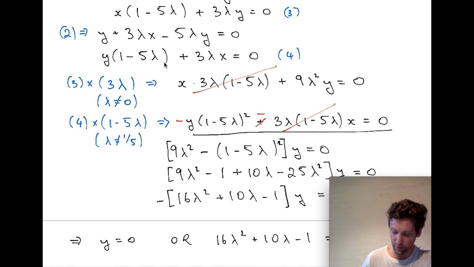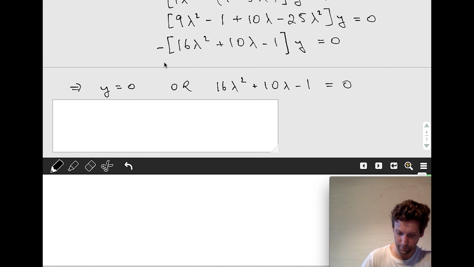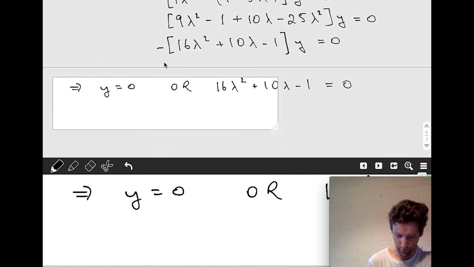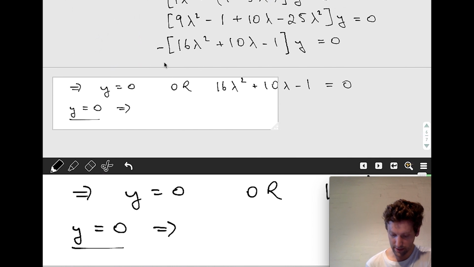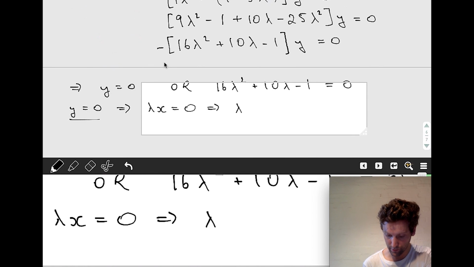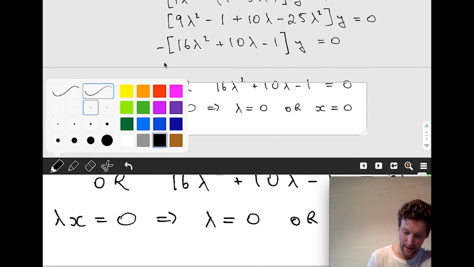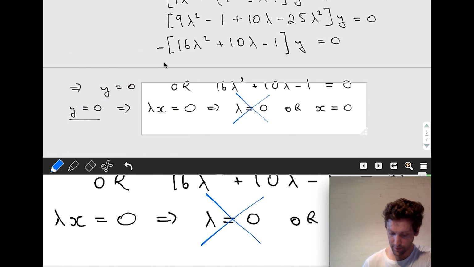That implies that lambda times x is equal to 0, which implies that either lambda is equal to 0 or x is equal to 0. But again, we remember that lambda equal to 0 is not allowed, because that would be the unconstrained problem.